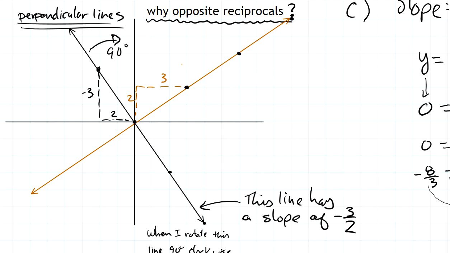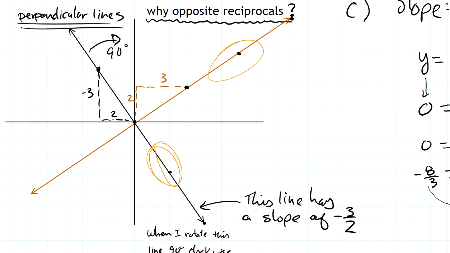So what was the rise of -3 becomes now a positive 3 for the run, and what was a run of 2 is now a rise of +2. So they definitely switch places, and you can see one of them had a negative slope. This line has the negative slope, so this one's going to have a positive slope.